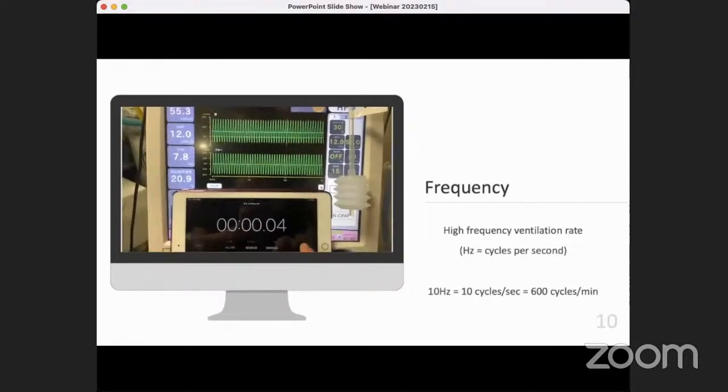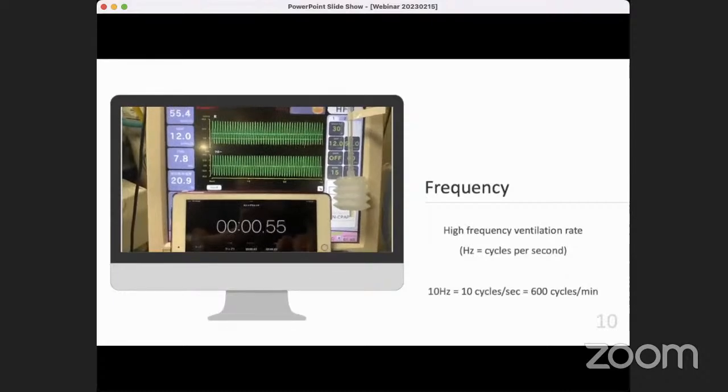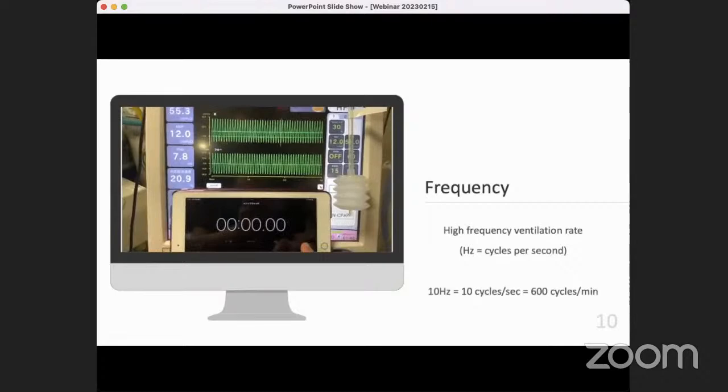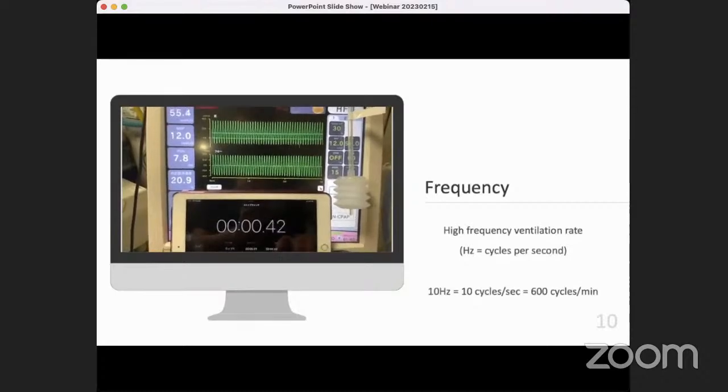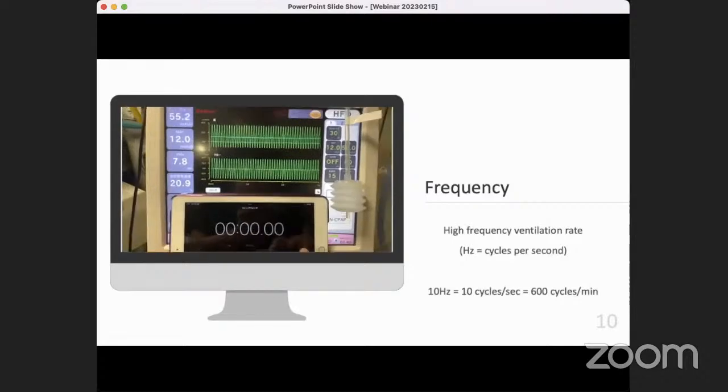The test result shows that the test lung moved 15 times per second as per the 15 Hertz setting. Ready? 1, 2, 3, 4, 5, 6, 7, 8, 9, 10, 11, 12, 13, 14, 15. That's it.